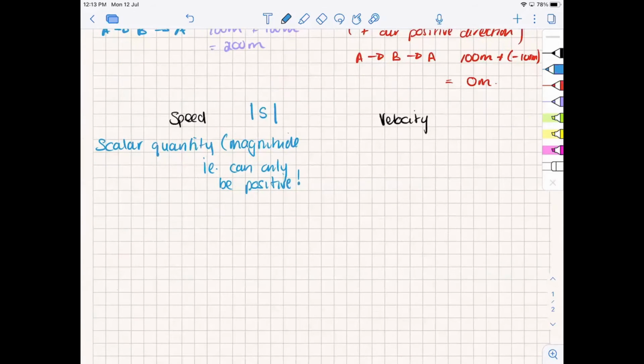Right, let's have a look at speed. Well, we all know the formula for calculating speed, don't we? What is the formula for calculating speed? Speed is equal to distance over time, kilometers per hour. Okay?